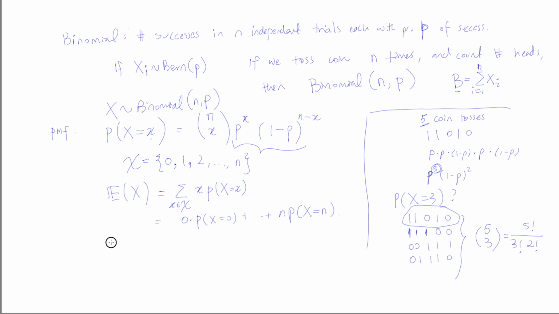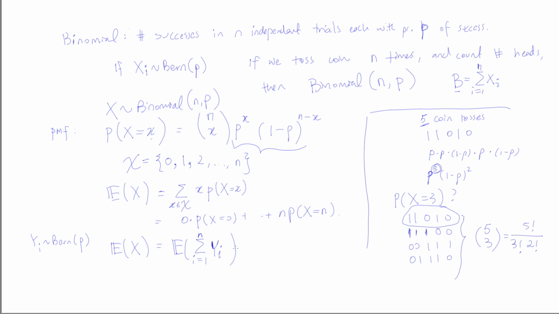Another way to do it is to say, well, okay, the expected value of X is the expectation of the sum from 1 to n of Bernoulli coin tosses, Bernoulli random variables. Let me call them, sorry, I know it's terrible notation, I keep switching notation, where each Yi is Bernoulli p.